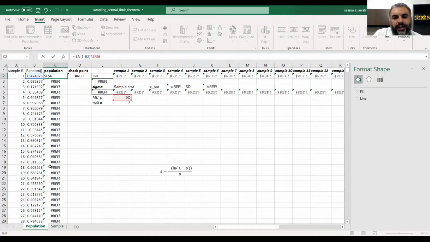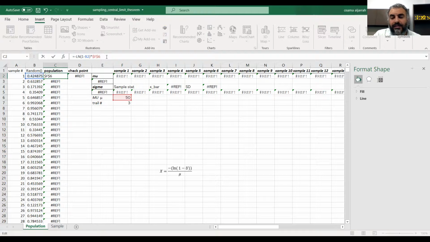Since we are dragging all these numerical values, I want you to fix the mu by adding a $ sign in front of the letter and the number, for example $ letter, $ 6. It depends on your cell.